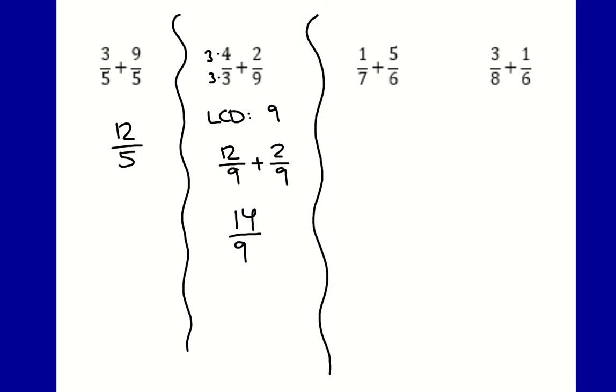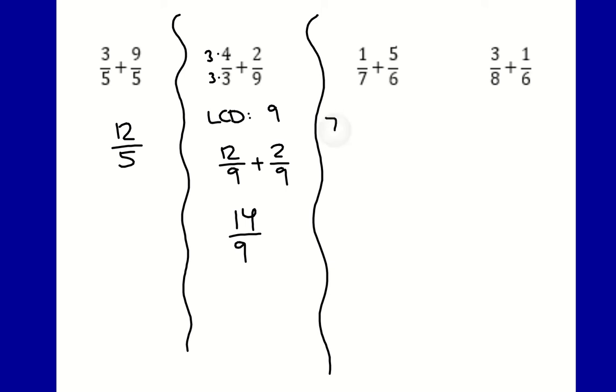In the third example, 7 and 6 are not the same denominator, and also they share no like factors at all. So I would actually need to find the least common multiple of 7 and 6. I could do that by writing out multiples of 7 and multiples of 6.